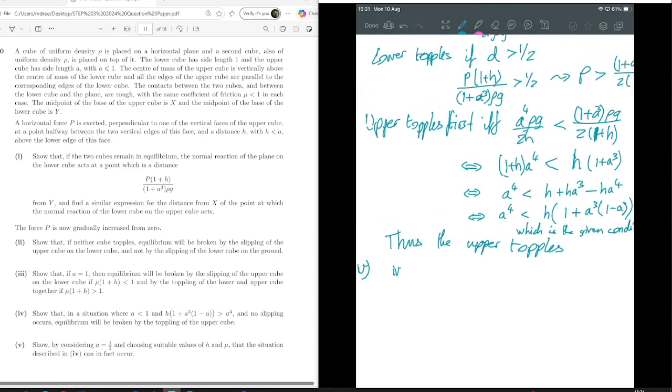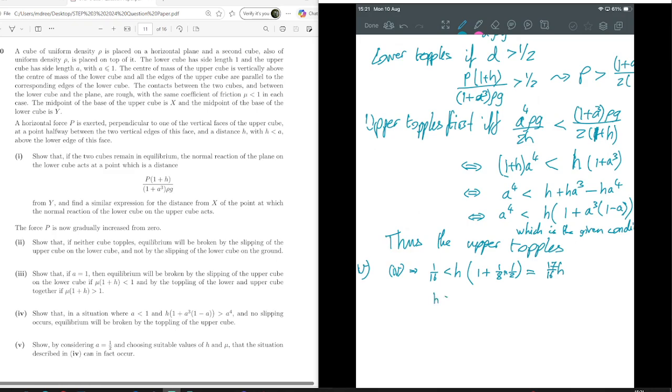So IV implies that a half to the power of 4, which is 1 over 16, has to be less than h times 1 plus an eighth times a half, which is, that's a 16th, so that's 17 over 16 h.